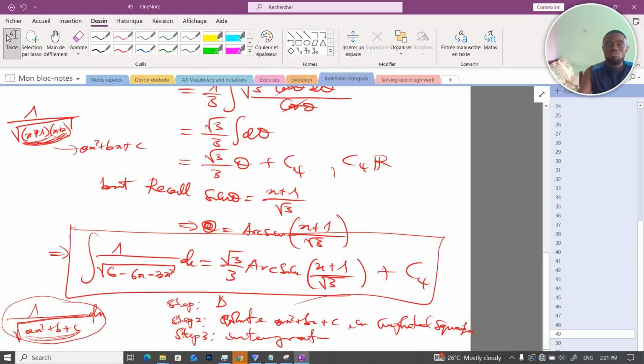So after multiplying these two, you will be in a situation where you are basically integrating something of this form. So you just apply back these steps. Is that okay? Step 1, you calculate the delta. Step 2, you write this in completed square form. And step 3, you integrate. You just do the integration as we just did.